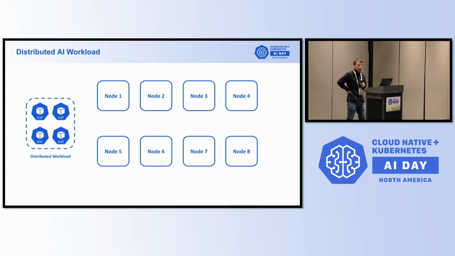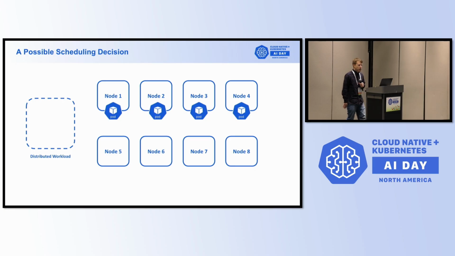Let's consider a simple example of a distributed workload with 4 pods to illustrate why a straightforward scheduling approach might be insufficient. Without further information about the cluster, the scheduler places the 4 pods on nodes that satisfy their resource requirements. For example, let's assume that the scheduler chooses nodes 1 to 4 for the workload pods.